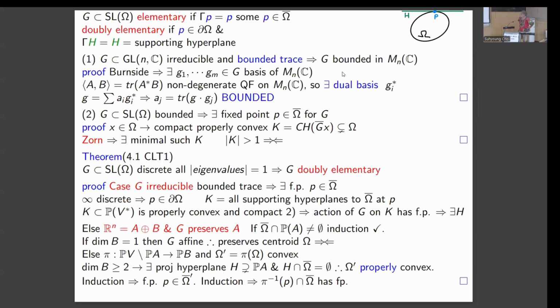So in order to prove this fact about translation length, one needs to think about elementary subgroups. If you have a domain omega, a subgroup of projective transformations that preserves omega is called elementary if there's some point P that's fixed by the entire group.